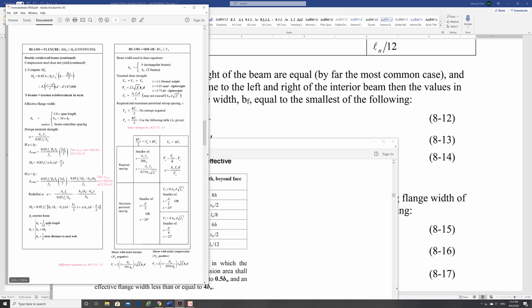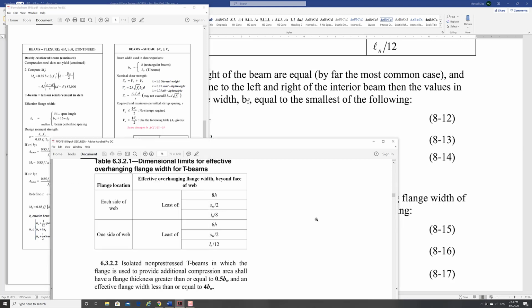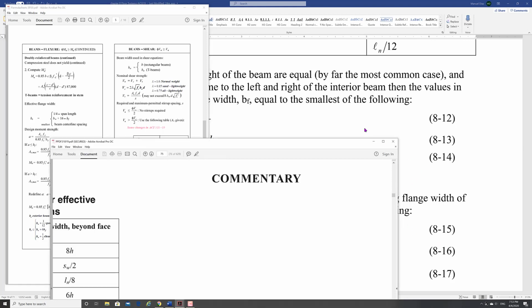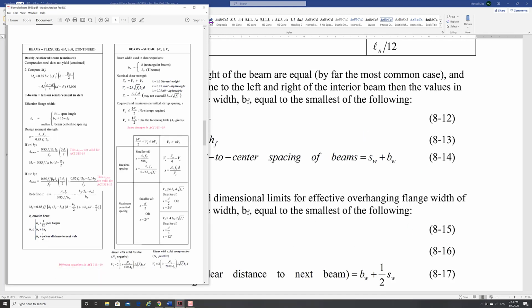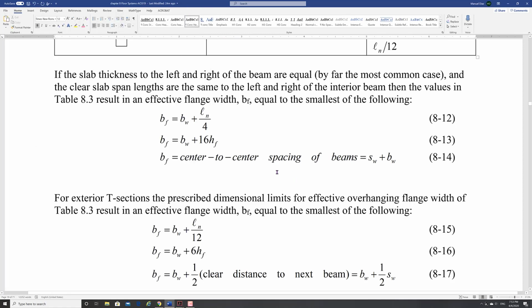And again, these now should read clear span length. Usually span length is center to center, but these are now clear span lengths.